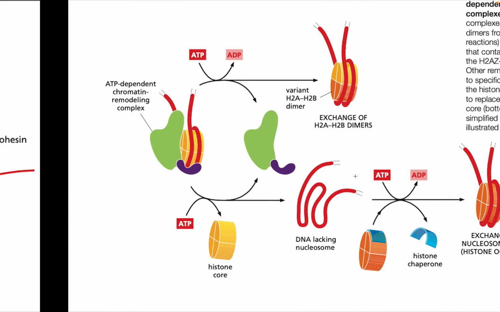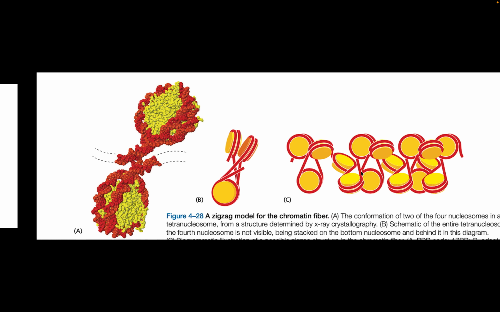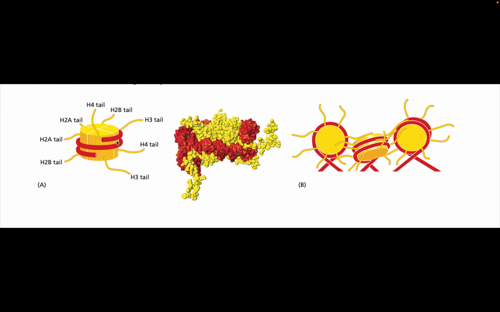So the DNA here has nucleosomes. What's a nucleosome? Essentially the DNA turns around the nucleosome 1.7 times, with 147 base pairs, and the nucleosome is an octamer with 8 histone chains, and these are N-terminal tails.